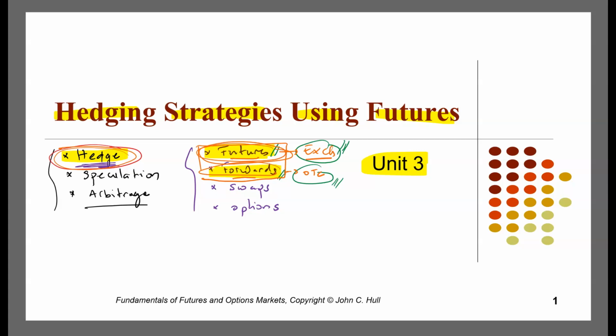So we imagine the scenario of a farmer who is planning a harvest at some point in the future. The farmer is going to be harvesting at this point in the future and then selling whatever it is that the farmer gets. So let's say it has corn. So the farmer is going to be harvesting corn and plans on selling later on.